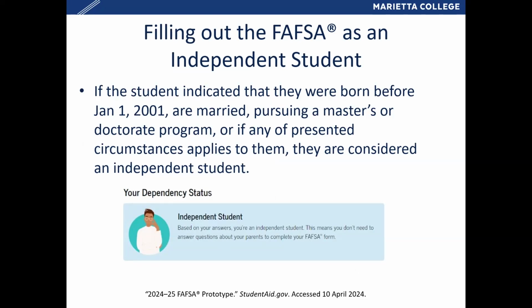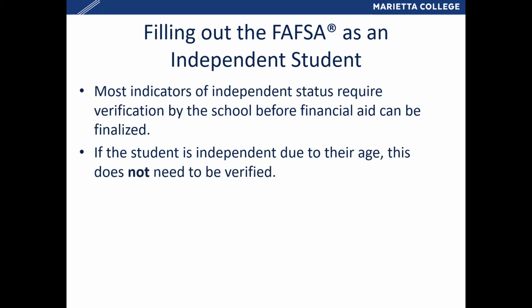If the student indicated that they were born before January 1st, 2001, are married, pursuing a master's or doctorate program, so a program that's beyond their bachelor's degree, or if any of the presented circumstances were selected in the previous line, then they're considered an independent student and do not need a parent contributor on their form. Again, most indicators of independent status require verification by the school.